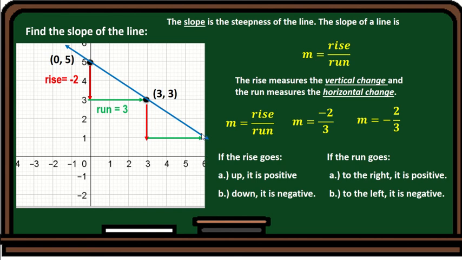So, ito na yung sinasabi niya na the rise measures the vertical change. Ibig sabihin, every time kayo bababa ng inyong rise, nagpapalit ang inyong y na number or y-axis number, which is from 3 nagiging 1. Sa run naman, horizontal change.